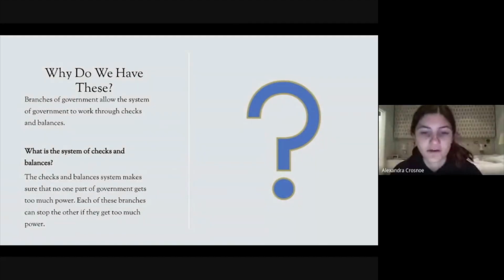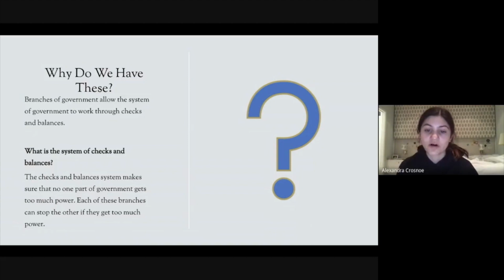You may be wondering, why is our government split up into 3 branches? Why is it set up this way? Well, the way the branches of government are set up allows a system of checks and balances to occur. Checks and balances mean that the government's power is equally distributed amongst the 3 branches. In other words, the power is balanced. Because of this, each branch has the power to check on the others.